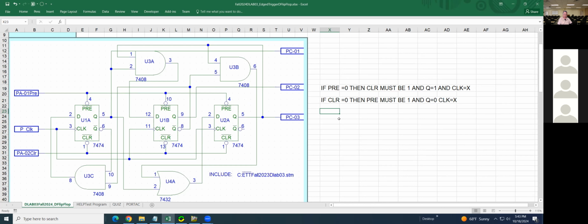No, be zero at the same time. Okay, they cannot be zero at the same time. I said one fourth output to be a one, another fourth output to be a zero.